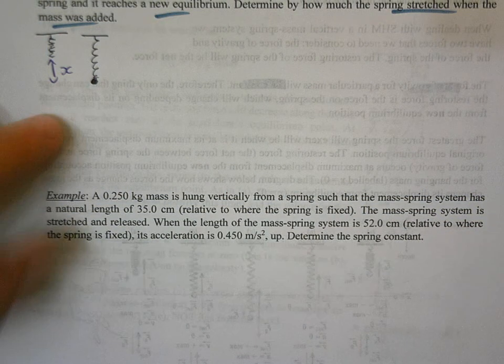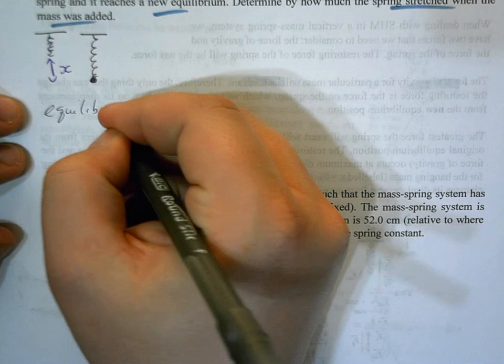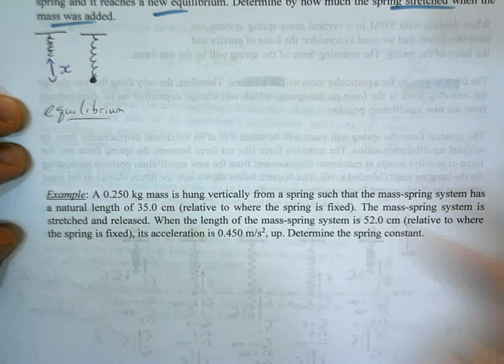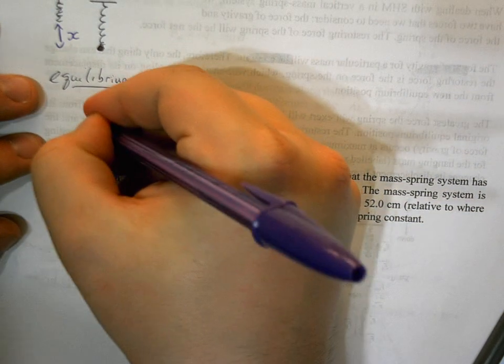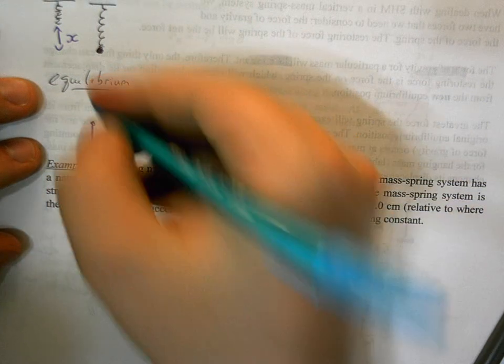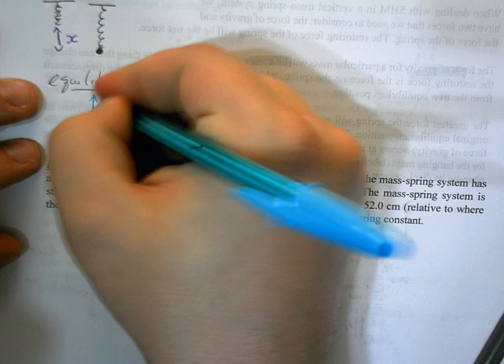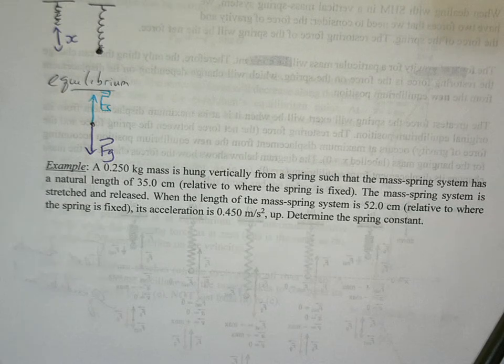At this point, at equilibrium, we can draw a free body diagram. We are certainly going to have a force of gravity acting down, and we're going to have the restoring force of the spring. I'm going to call it F spring. F spring is the same thing as restoring force, just the language I've decided to use.